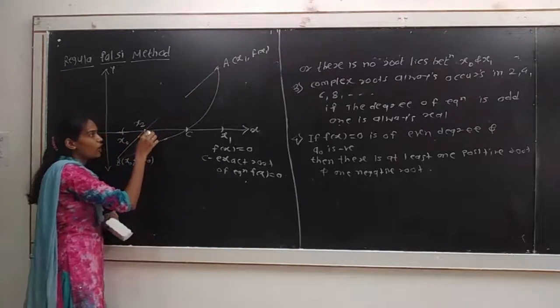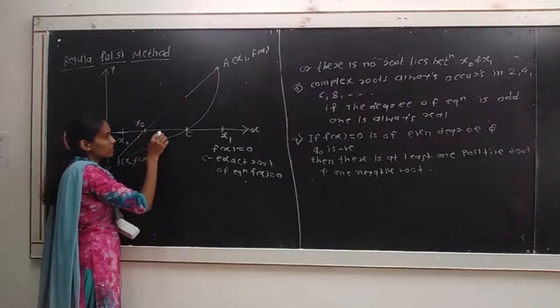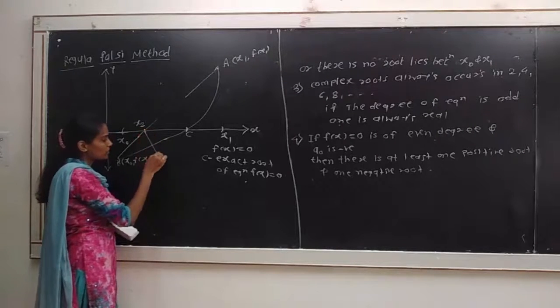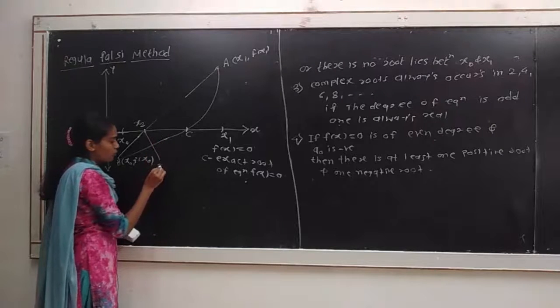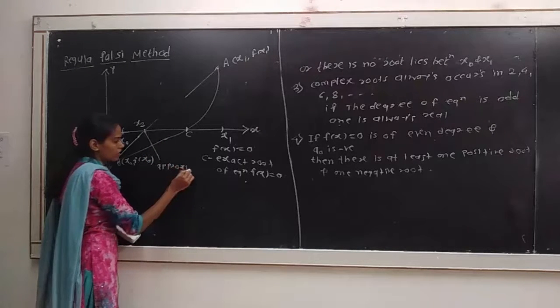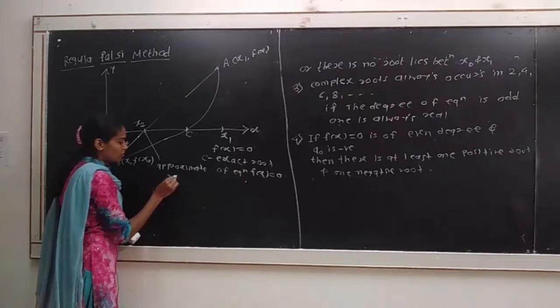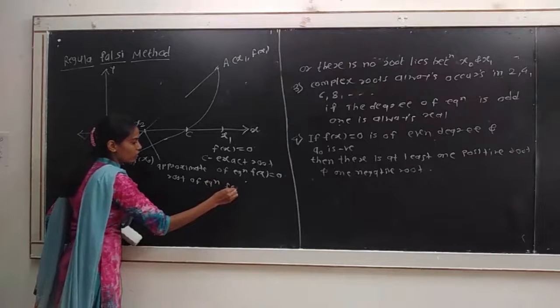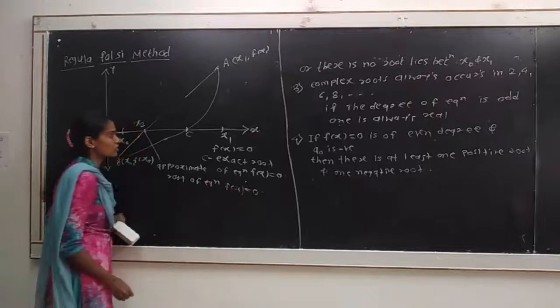That chord intersects the x-axis at point x2, and this x2 will be the next approximate root of the equation f of x is equal to 0.